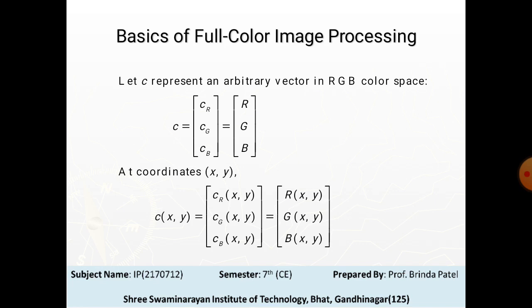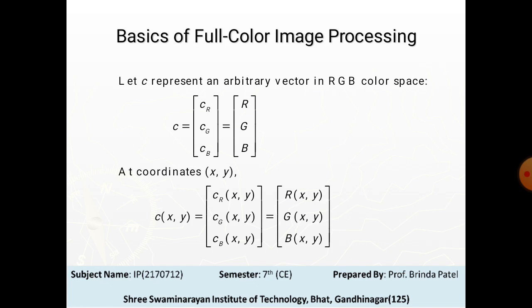So c equals cR, cG, cB, which equals R, G, B. This equation indicates that the components of c are simply the RGB components of a color image at a point. We take into account the fact that the color components are a function of the coordinates x, y by using the notation c(x,y) equals cR(x,y), cG(x,y), cB(x,y), which equals R(x,y), G(x,y), B(x,y).